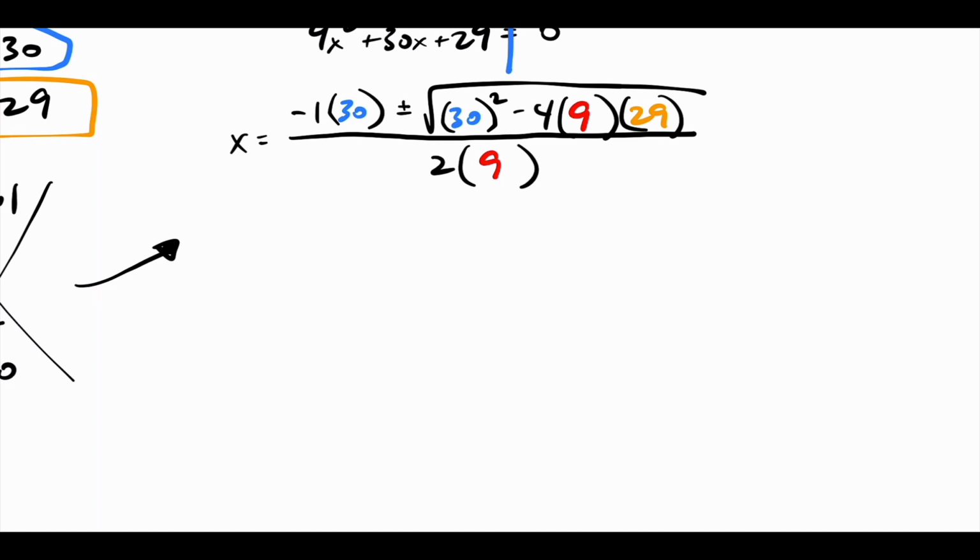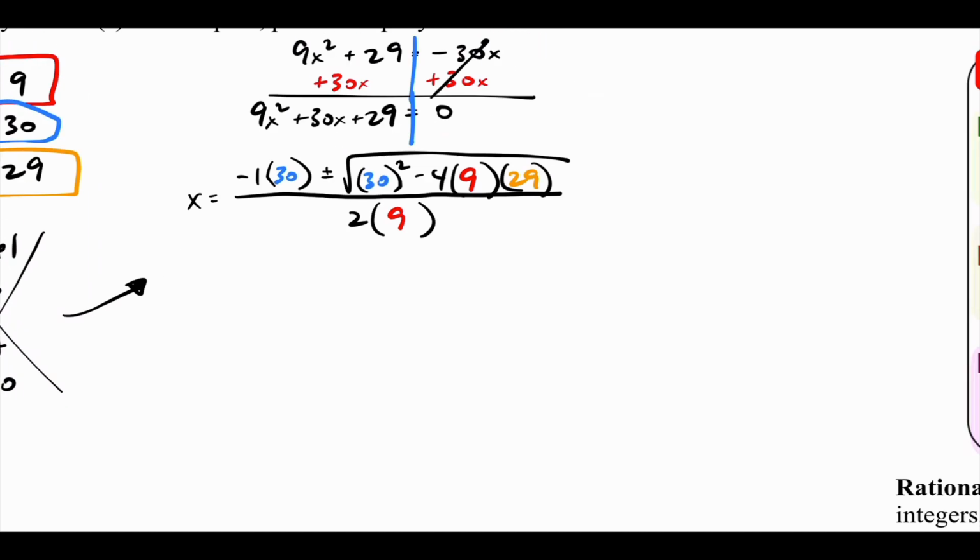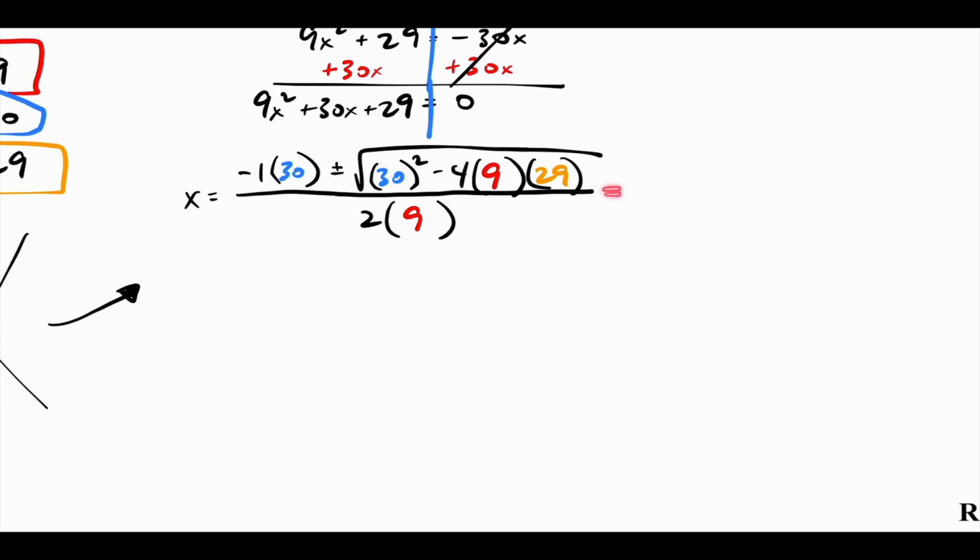Okay, so -1 times 30 is -30. Plus or minus 30 to the second power is 900. Four times 9 is 36. 36 times 29, I believe, is 1,044.